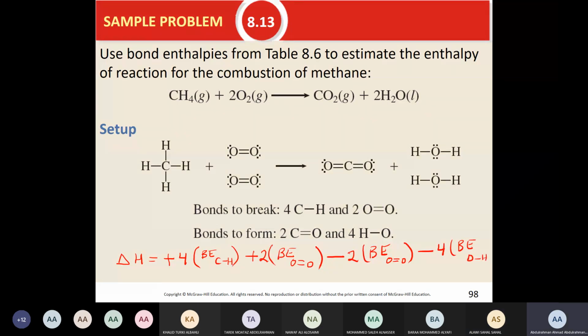O-H single bond. Exactly. Is this easy? Yes. And the third one, the C double bond O. Oh, what am I saying? I'm making mistakes, sorry. It's 2 times C double bond O.